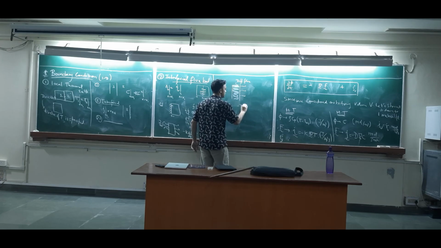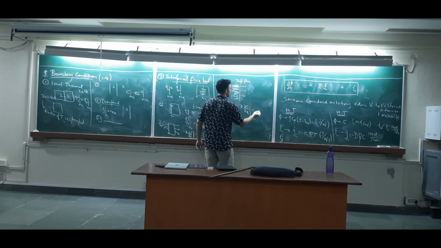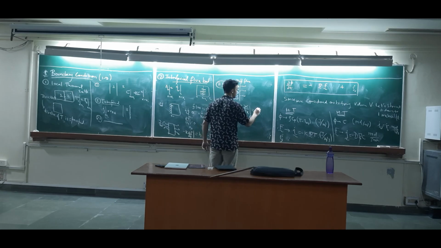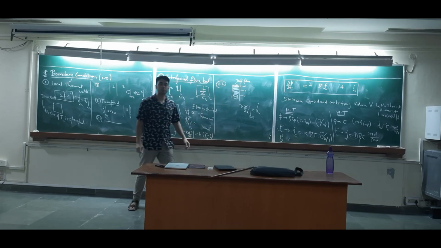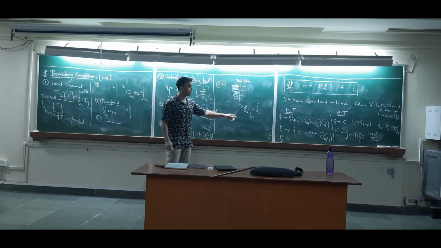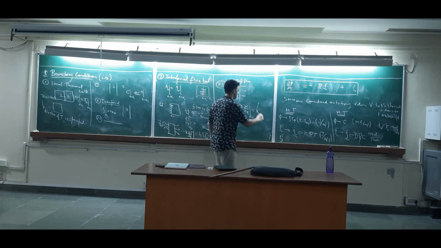So you have minus D dou C by dou X at X equals L, if this is L, equal to K. K is what? Mass transfer coefficient. Units for h is watt per meter square Kelvin. Units for this is meter per second. C minus C infinity. Very similar.